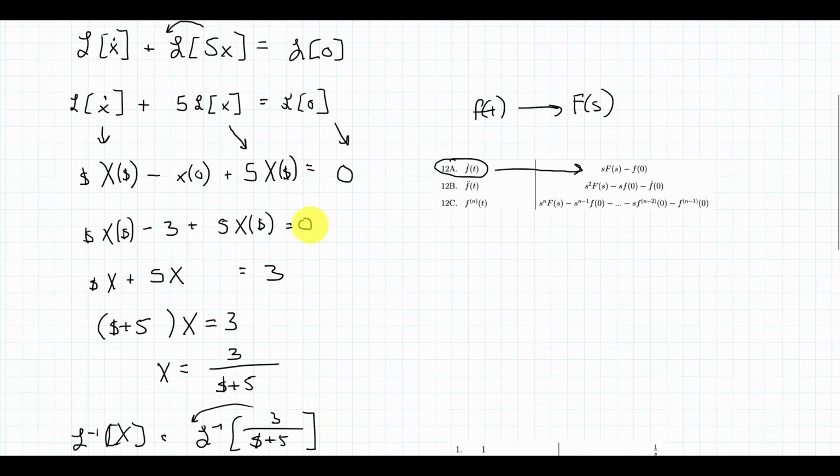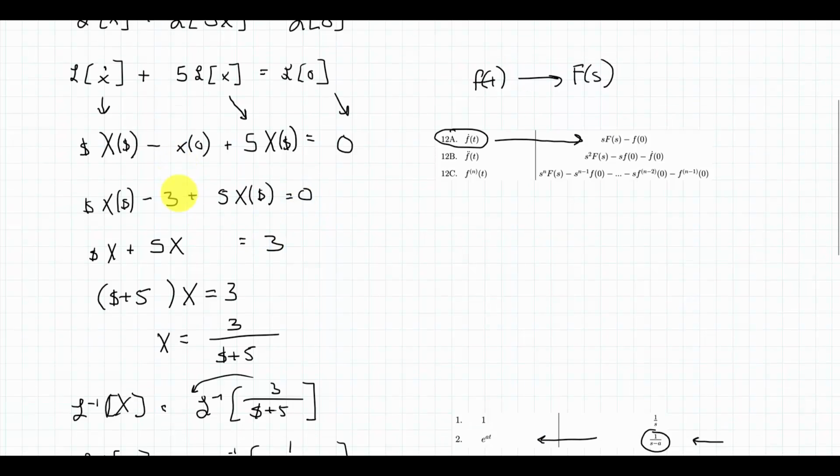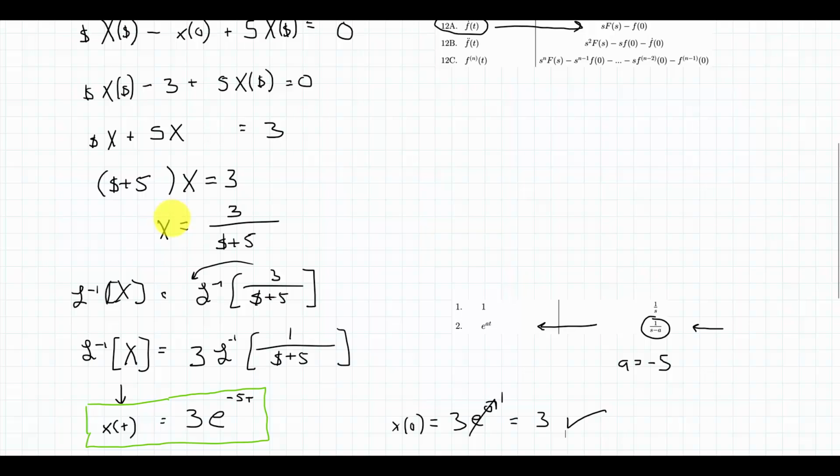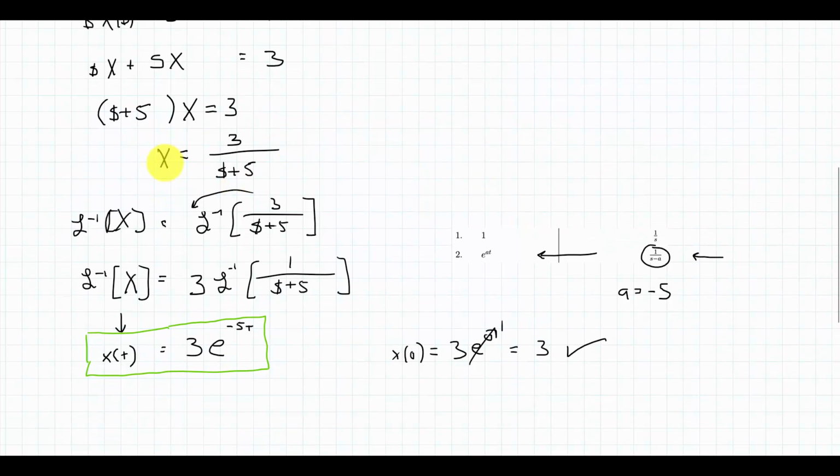Once everything is in this frequency domain, my goal is to isolate the dependent variable, in this case, big X of s. So that's where it turns into really an algebra problem of isolating that X term, which I now do here. So I got X equals 3 over s plus 5. Now, where I'm trying to go is to find the inverse Laplace transform, so I can go back from the frequency domain to the time domain.